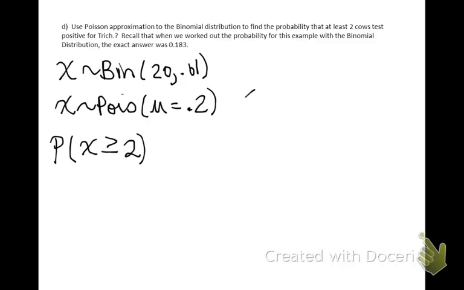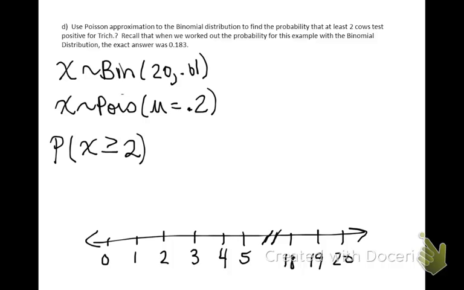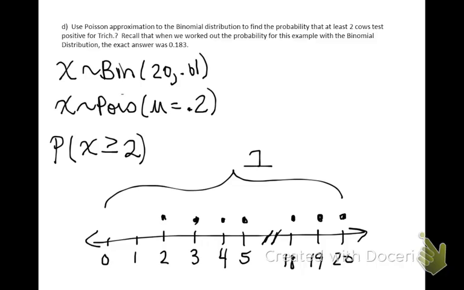Well, let's put this on the number line. We could have 0 cows testing positive up to all 20 testing positive. If we want to find the probability of at least 2, that means we want to find the probability of 2, 3, 4, 5, all the way up to 20 cows testing positive. Now remember, the entire sample space adds up to 1 or 100%. So what we could do is 1 minus the probability of equaling 0 and 1.